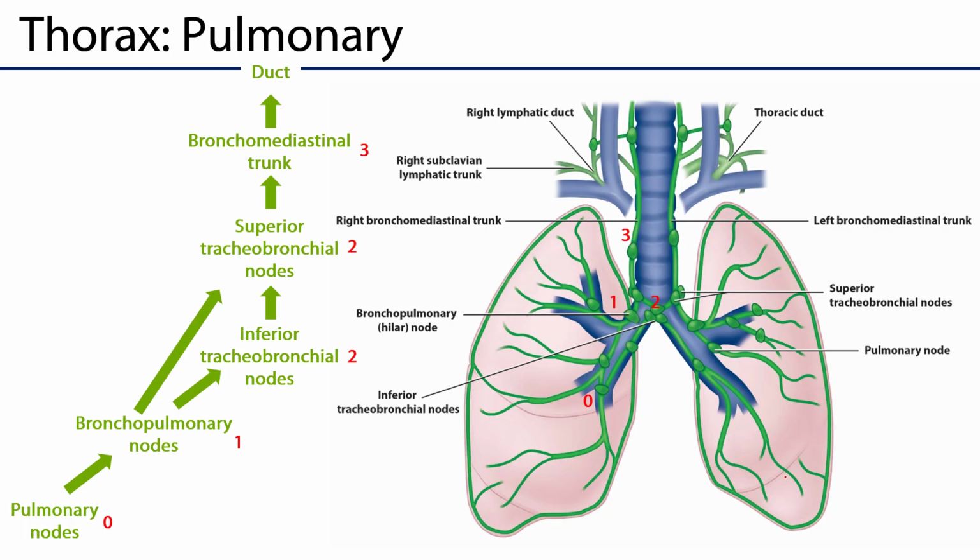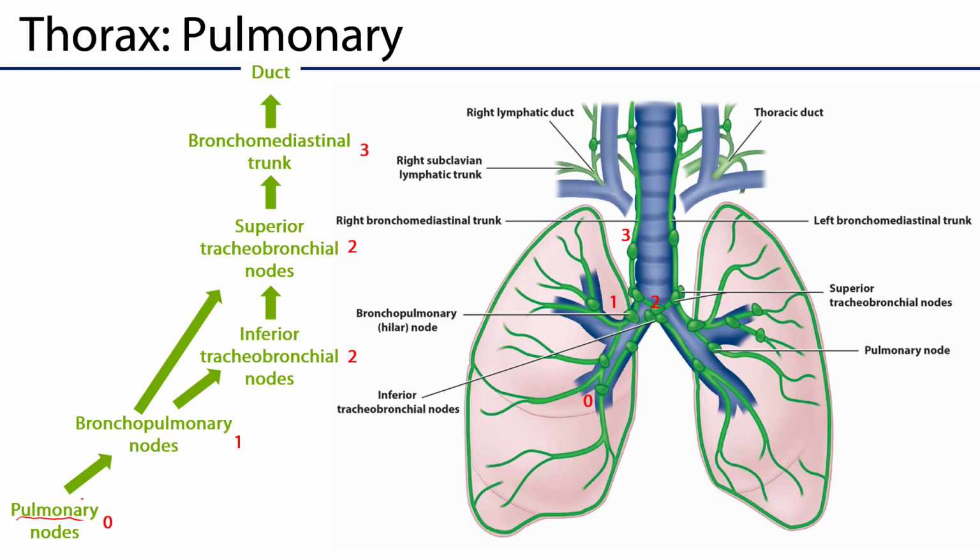So lymphatics are going to mirror the bronchial tree and pulmonary vessels. Lymphatics don't make it to the level of the alveoli. They generally start at the level of the bronchioles, and throughout this region, one can find various pulmonary nodes. So these pulmonary nodes are throughout the parenchyma of the lungs.